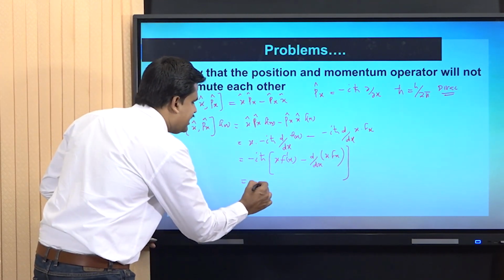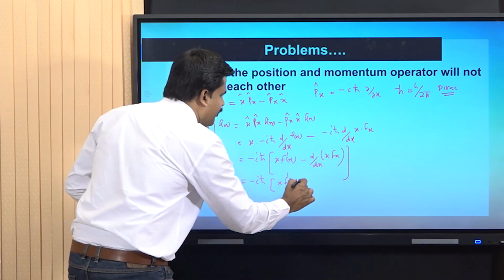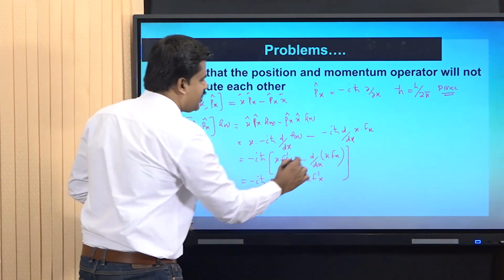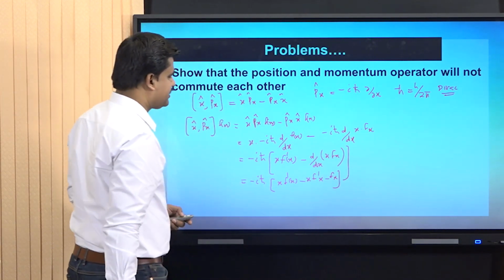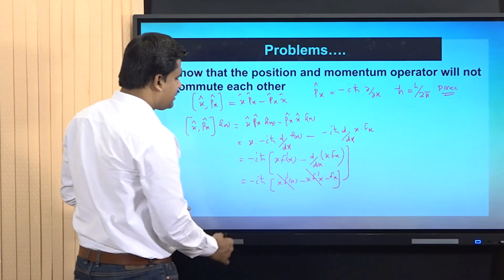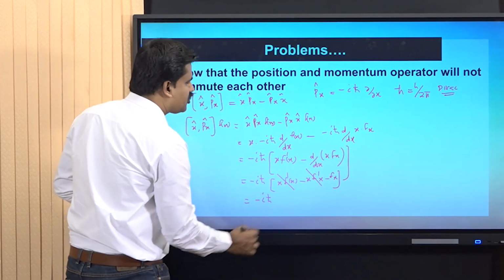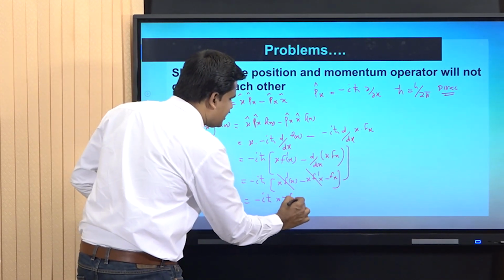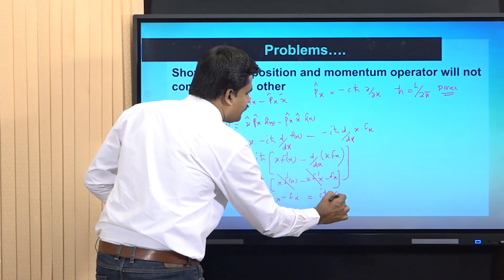That is minus i h cross [x f dash x minus] first function into differential of the second. X f dash x, minus is carrying on, minus f of x. The x f dash x terms vanish, and the result is equal to minus i h cross into minus f of x. That is equal to i h cross f of x.